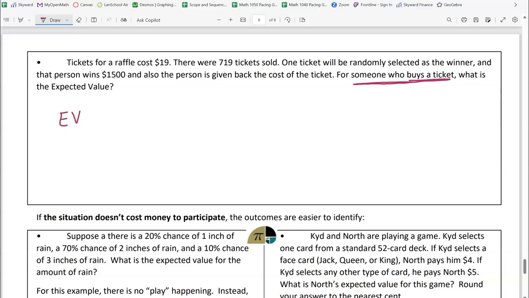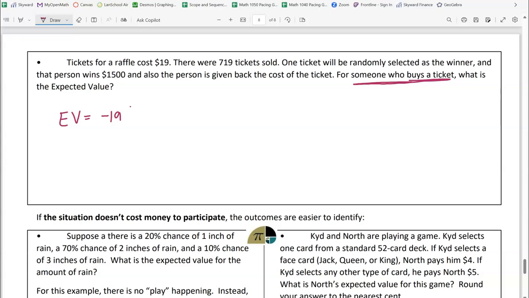So we have two outcomes again. They either win the raffle or they don't, right? So let's think about if they don't win the raffle. The raffle costs $19, so they're going to lose $19, right? So negative 19.